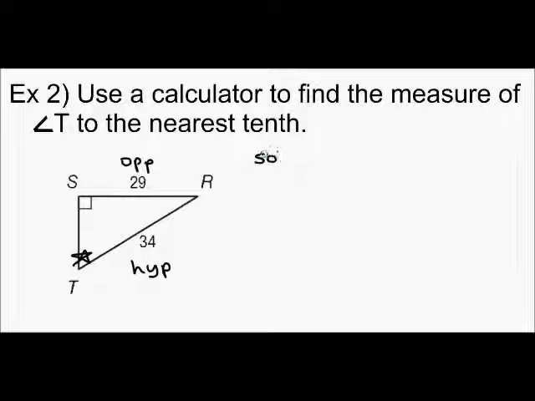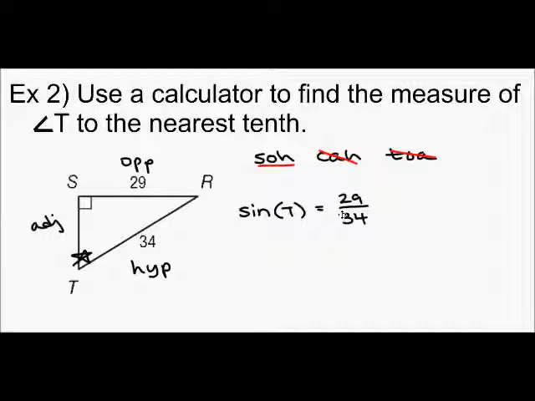And let's see what this gives me. I have SOH CAH TOA. Well, I don't have anything for adjacent. So anything with an A up here, I'm going to cross out. So no CAH, no TOA. I have sine. I can find sine. So sine of T equals opposite, which is 29, divided by hypotenuse, which is 34.